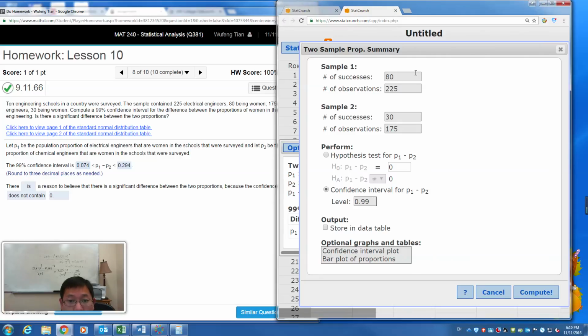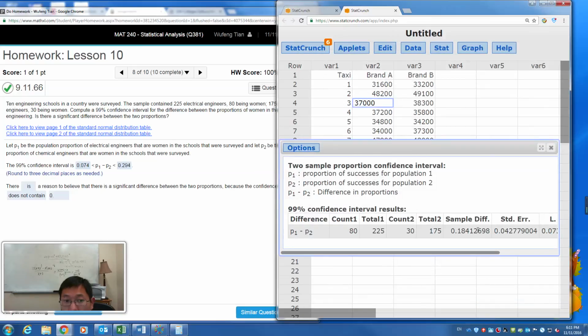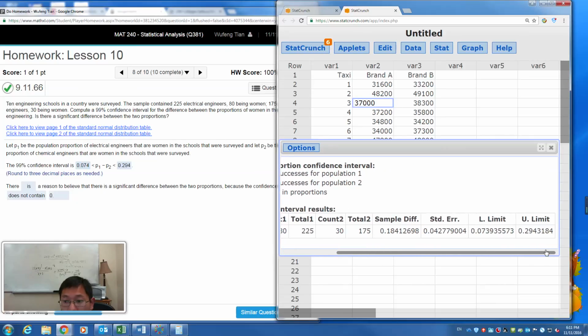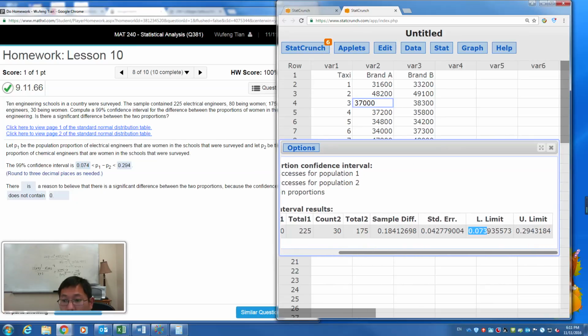Let me say 80, 225, 30, 175, and significant 99 confidence interval, and then you have standard deviation. Oh, it's right here. Yeah, 0.074, up limit 0.29.